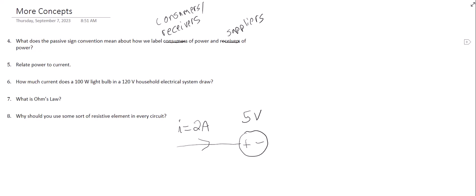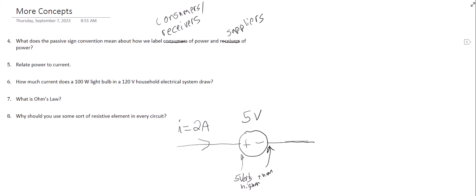I'm going to pay attention to the sign on my element here, and what this tells me is that this side of my voltage source is 5 volts higher than this side.